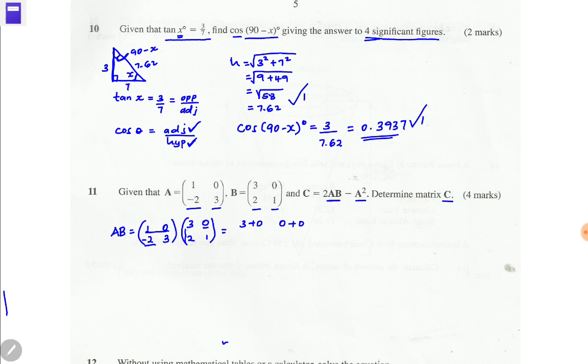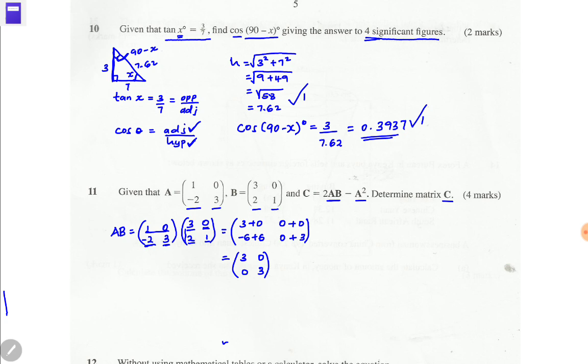Then -2 times 3 is -6 plus 3 times 2, which is 6. Then -2 times 0, which is 0, plus 3 times 1, which is 3. So adding this, we will obtain the value of AB to be equal to 3 plus 0 is 3, 0 plus 0 is 0, negative 6 plus 6 is 0, 0 plus 3 is 3.